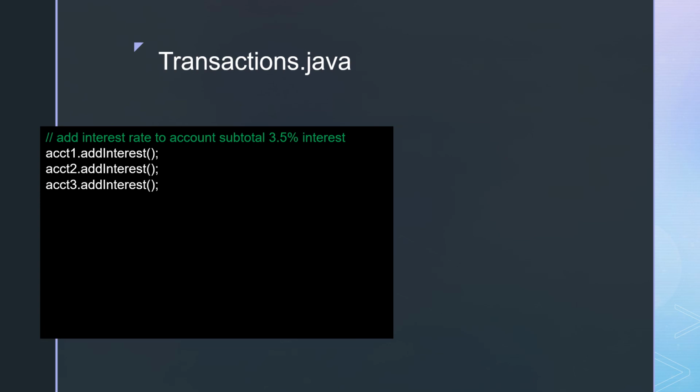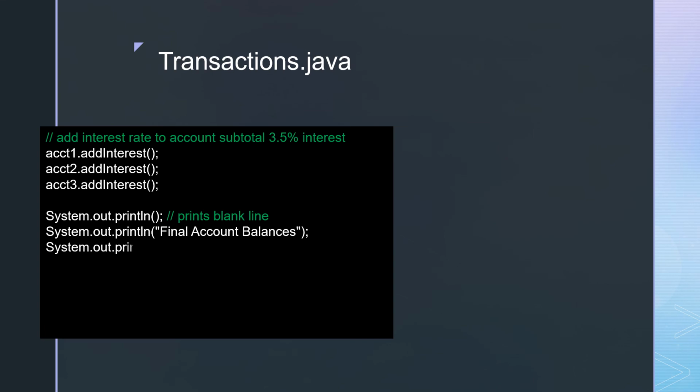Now let's add the final balance printouts. Let's type as we did in the beginning. The first line will be a blank line, followed by final account balances, a blank line, and then account number, a tab, account name, 2 tabs, and balance.